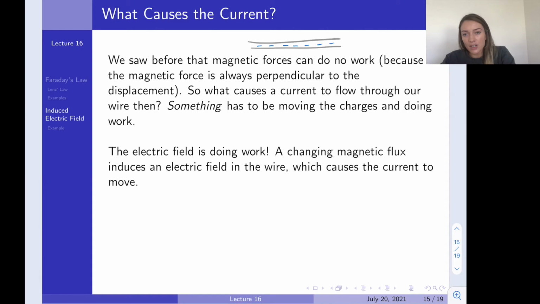What's actually happening is that the change in magnetic flux is inducing an electric field, and that electric field is then causing those currents to flow.